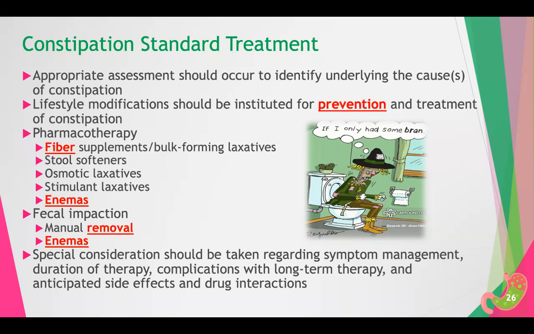And if constipation gets so severe, it can cause fecal impaction. And treatment of fecal impaction would include manual removal of the stool or enemas. And again, with treatment, special consideration should be taken with symptom management, how long they're going to be on therapy, if there are any complications with long-term therapy, and what side effects and or drug interactions the individual can experience.